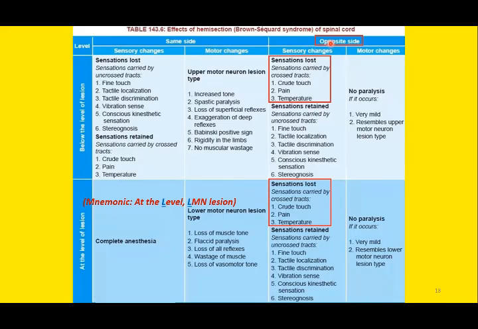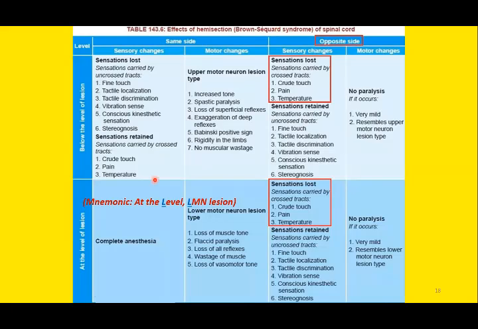So we are going to discuss the sensory changes as well as motor changes on the same side and the sensory and motor changes on the opposite side. Whenever there is hemisection of the spinal cord, this will lead to certain signs and symptoms on the ipsilateral side and certain signs and symptoms on the contralateral side.